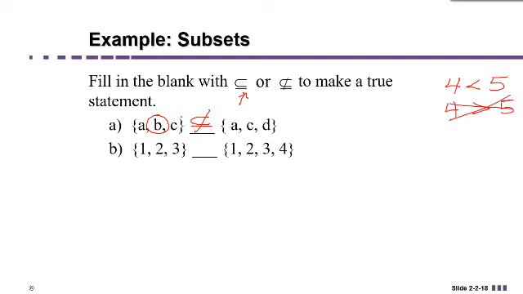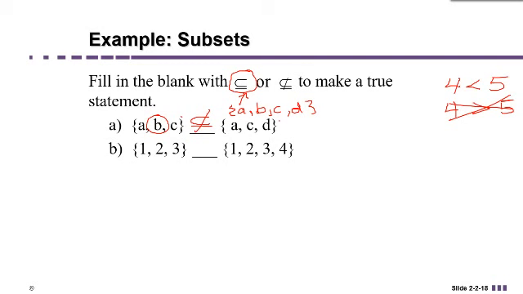What they are telling us to do is to determine if the set on the left is contained in the set on the right. So actually, the fact that D is not in the set on the left is not an issue. For example, I could have had the set A, B, C, D, and then ABC would have been a subset, right?